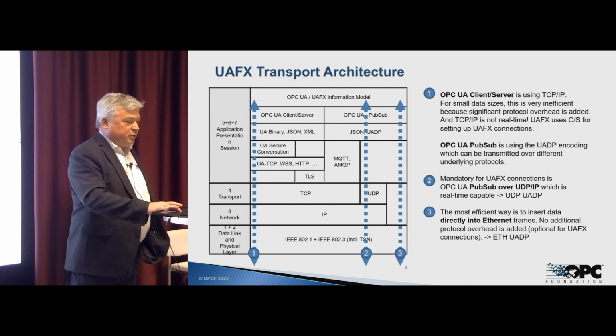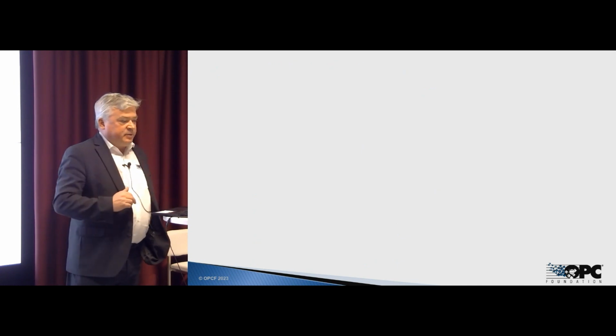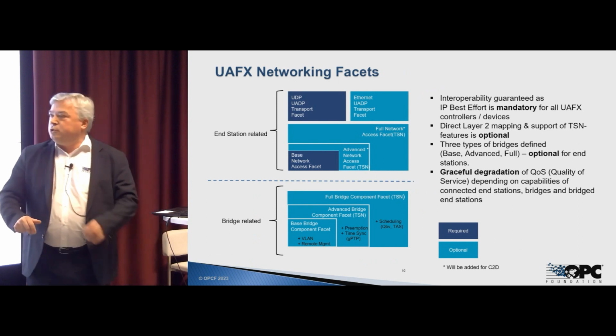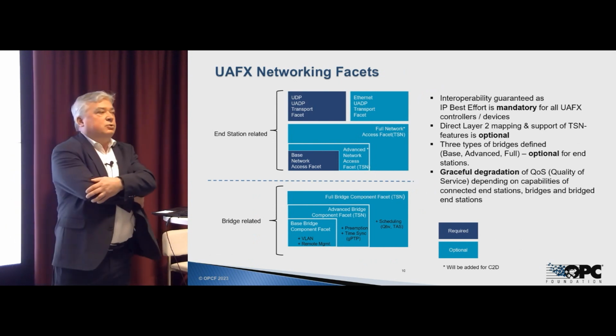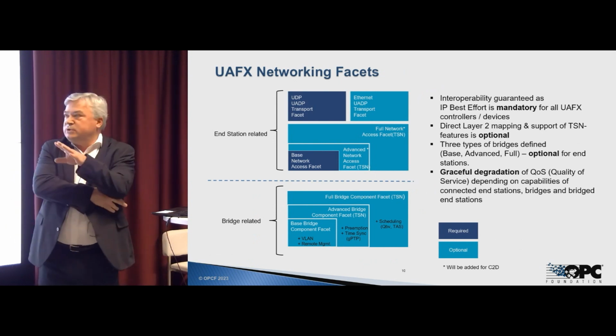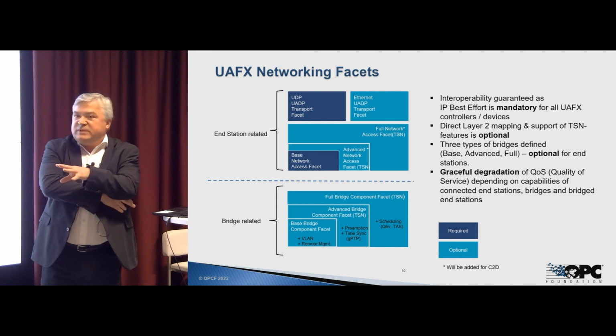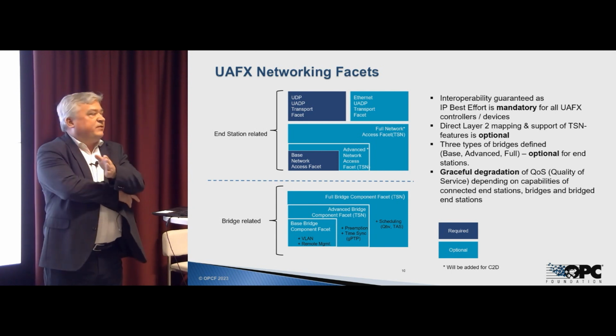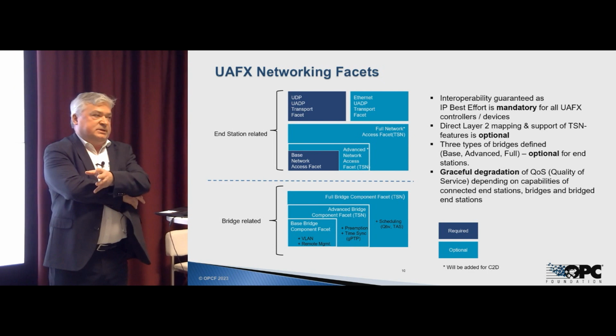And this is what I show you in the next slide. Again, we came to a compromise and a solution which allows us to scale depending on the specific needs of an application or use case.